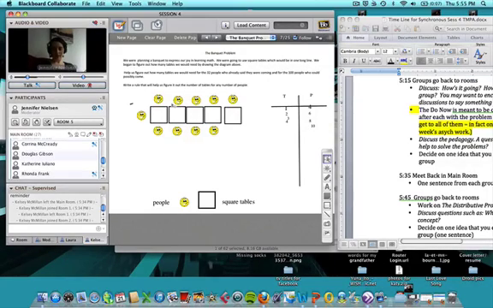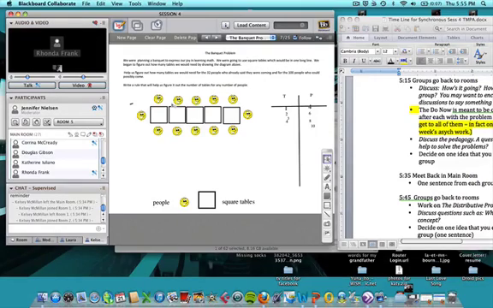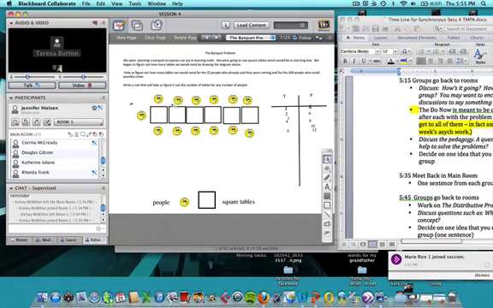We can go until we hit the end of the wall. Okay, we have 6 tables.